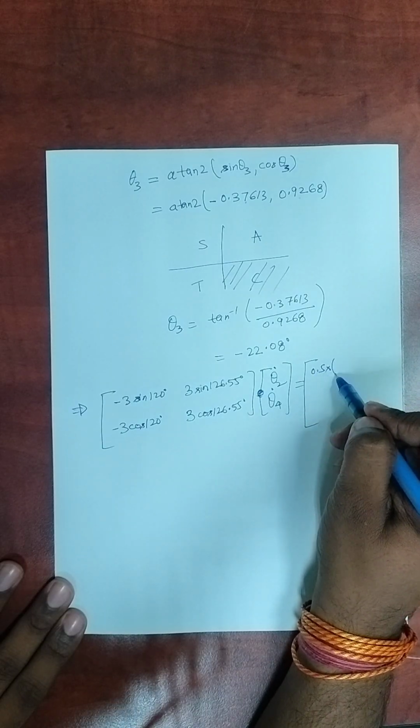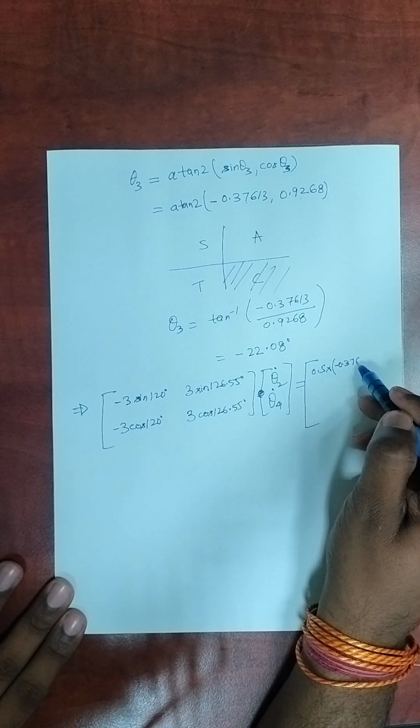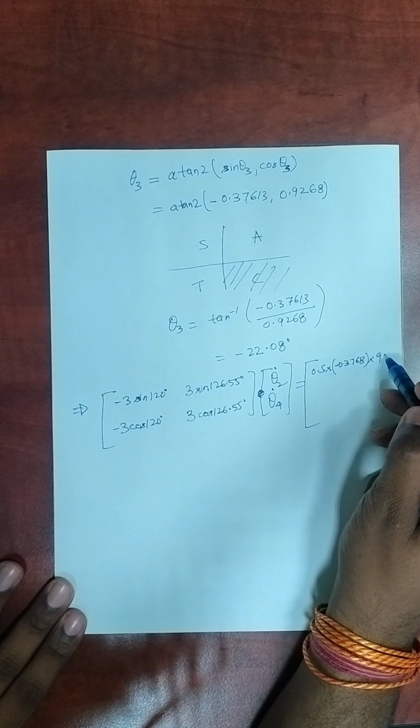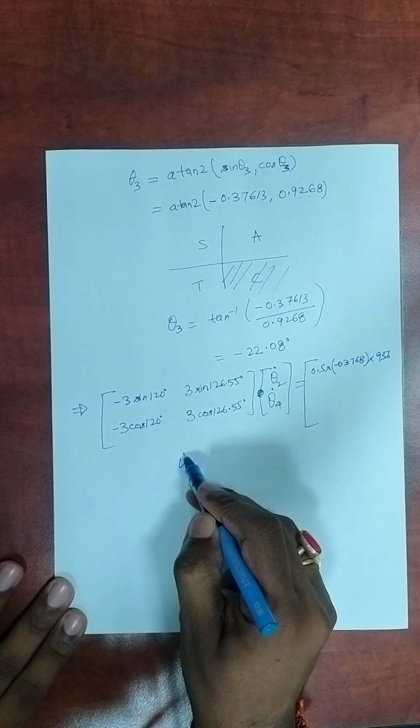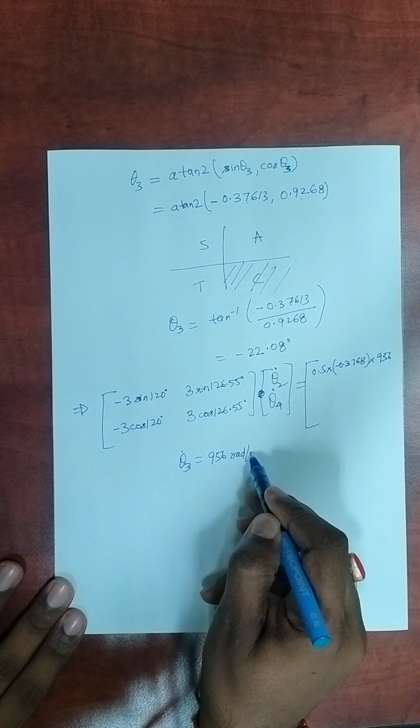0.5 into sine theta 3. Sine theta 3 is this, minus 0.37613, multiplied by theta 3 dot, which is 956. So theta 3 dot is given to be 956 radian per second.